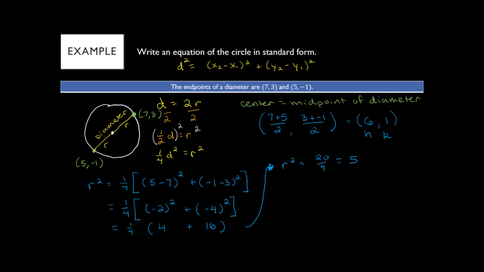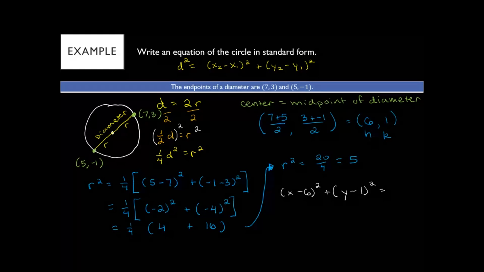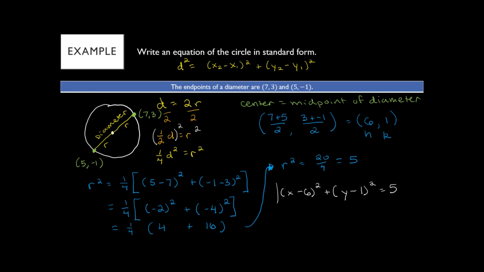So now we have all the information we need to get our equation for the circle. It's x minus h, so (x minus 6) squared, plus y minus k, so (y minus 1) squared, equals r squared, and r squared is 5.